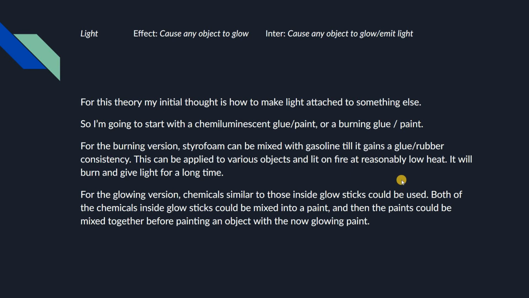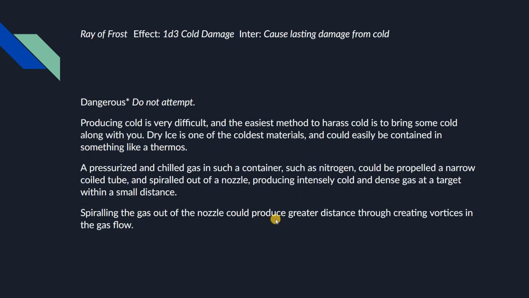Or you could just get them from glow sticks. So you would mix them into two separate paints, because they're two separate chemical mixtures, and you would mix it in with an inert paint, and then you would mix the paints together right before painting an object with the now glowing paint.